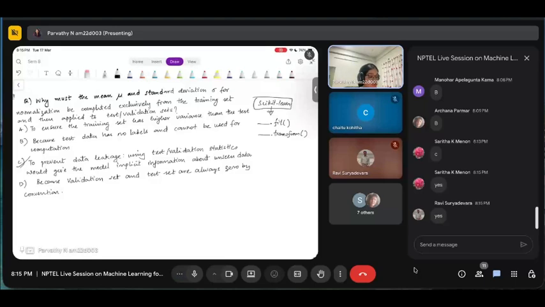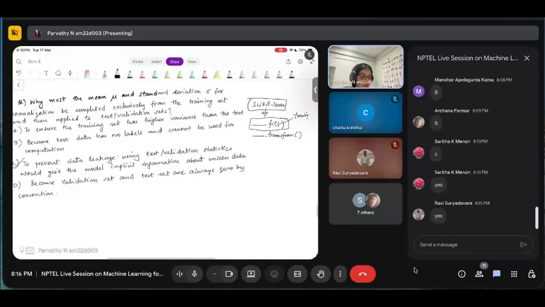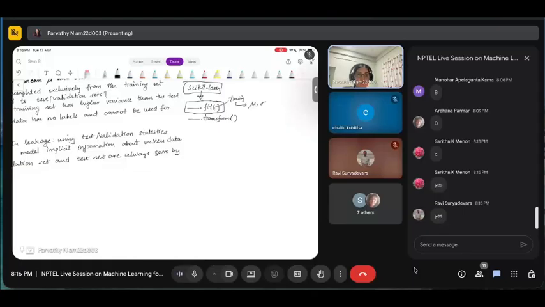So the fitting is where you should apply the training data. That is, you should apply the normalization on the training data. By this fitting process, we find from the training data the mean and the standard deviation.